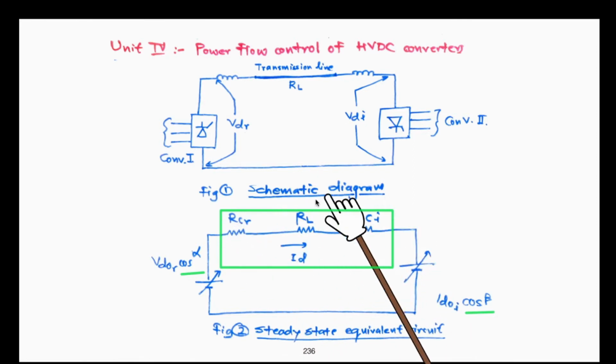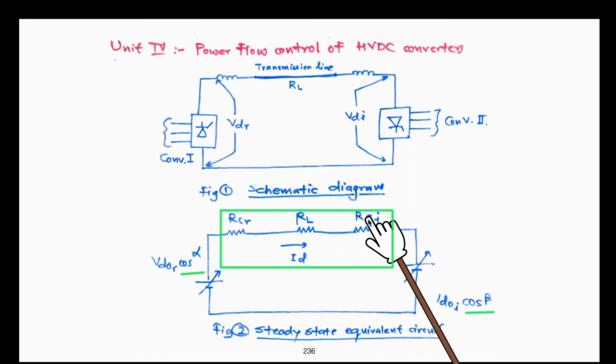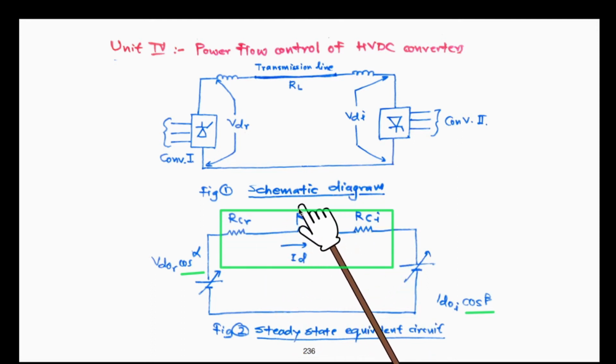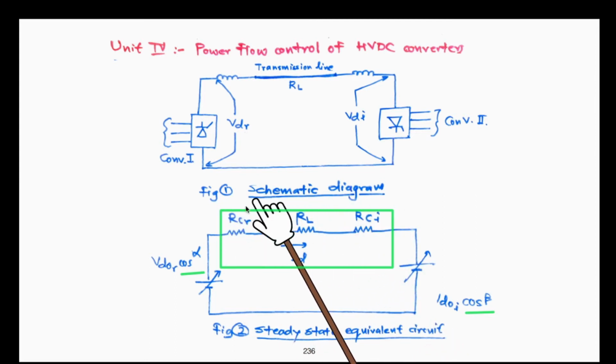So these are not the parameters which can be controlled as far as the power flow control in HVDC is concerned, right? These are all passive. Load resistance, equivalent commutation drop resistances, all passive elements. We cannot control them. The resistance of transmission line, once the length of transmission line is fixed, dimensions are fixed. So all these parameters are simply fixed. These are passive.